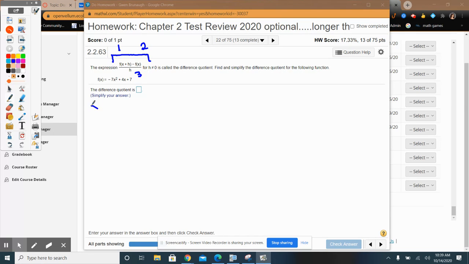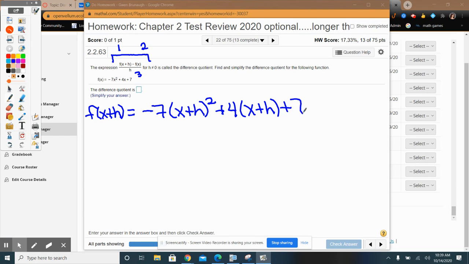So first, let's do the f of x plus h. That's our first step. And that will be tough here because you have to plug it in multiple times. And this is not going to be the most beautiful thing we do today. Okay, this is the tricky part.